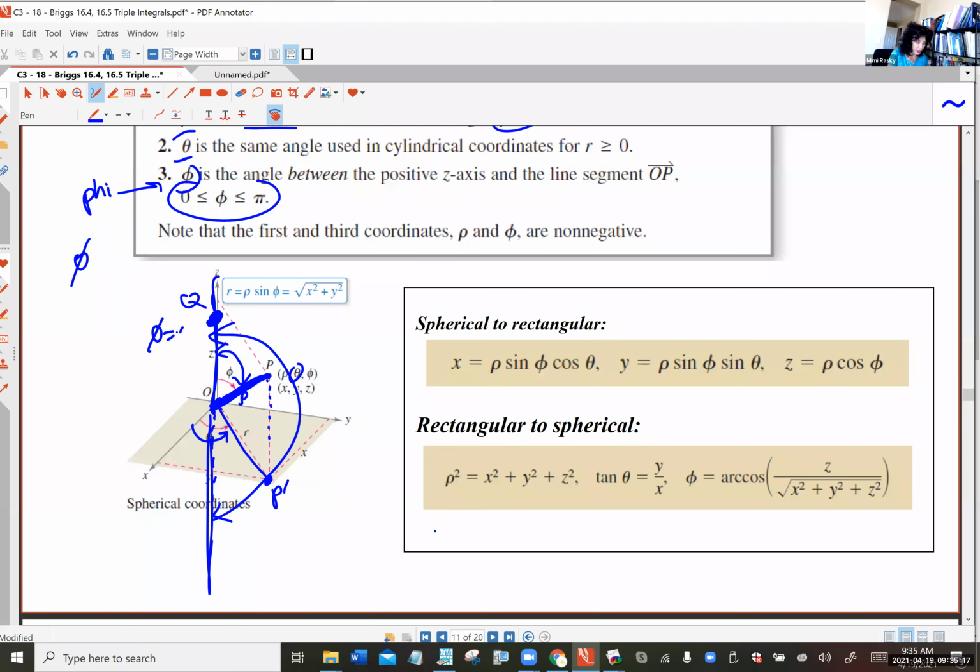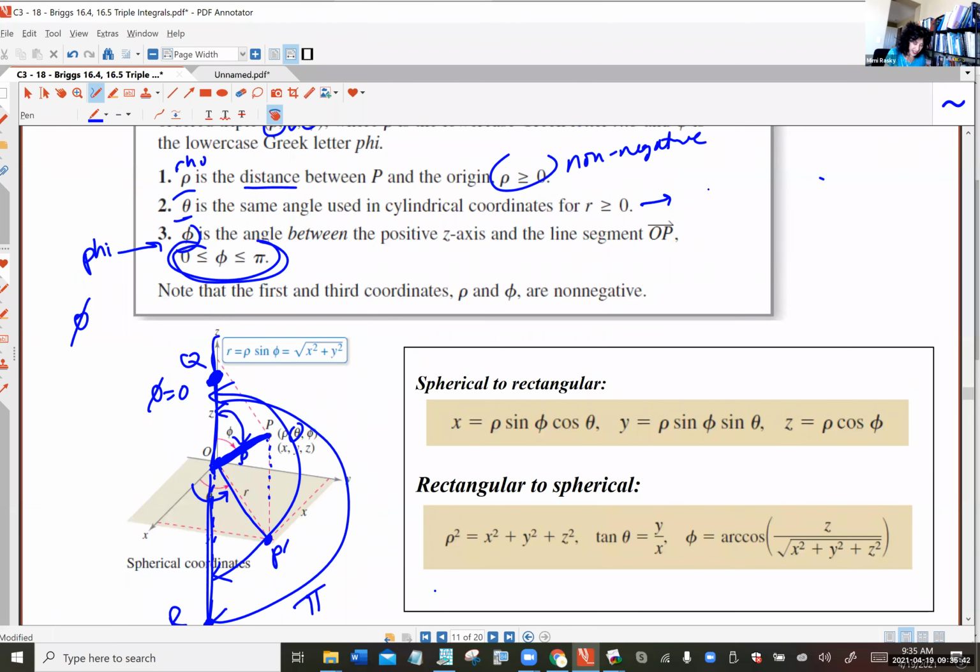Phi will be 0 degrees because you're right on top of the positive z-axis. And if you were a point way down here that lived on the negative z-axis, let's say R, the angle you're making with the positive z-axis is pi. So phi can never be negative, and it has to be an angle between 0 and pi inclusive.